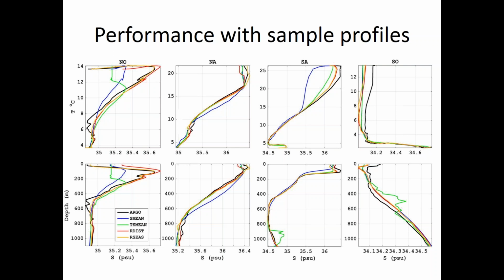It just fails completely because it gets lost in the interpolation. And the same when you have a strong homogeneous profile as in the Southern Ocean.